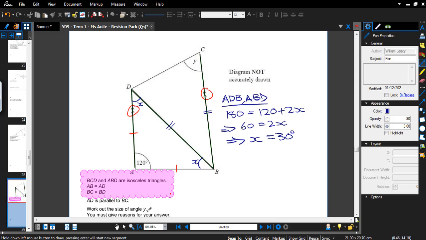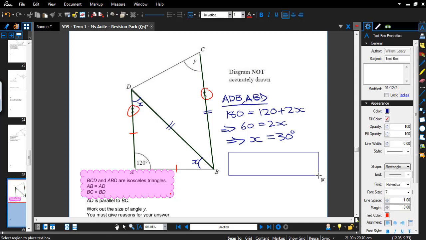Alright, so you have to give a reason, unfortunately. So you can say, I'm actually just going to type this, I'm not writing this out. And I don't even like typing it. So say, angles at the base of an isosceles triangle are equal.